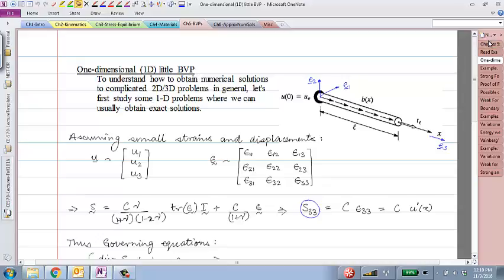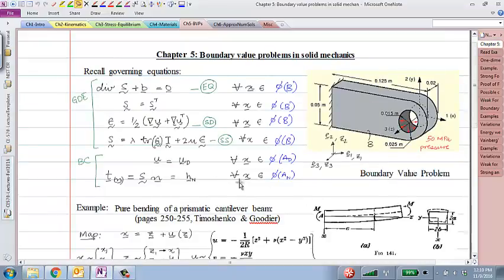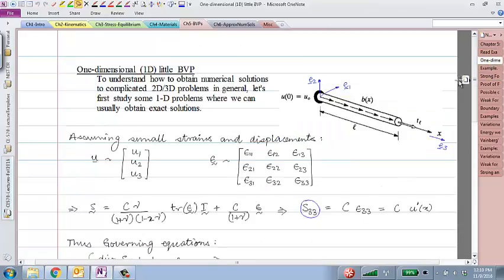Maybe I didn't state this, but this entire thing is called a boundary value problem. These governing differential equations, boundary conditions, the definition of the domain, in the partial differential equation language, this is called a boundary value problem. What we are going to do is to study a simpler one-dimensional boundary value problem by actually studying a three-dimensional problem where the behavior is just in one dimension.